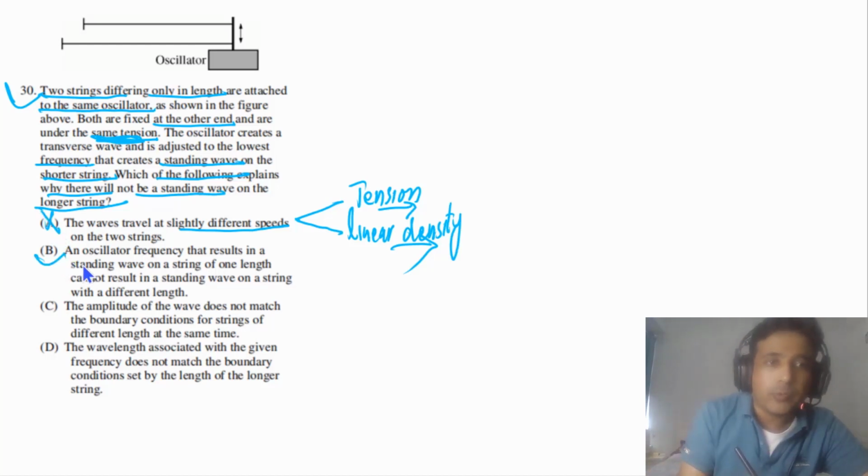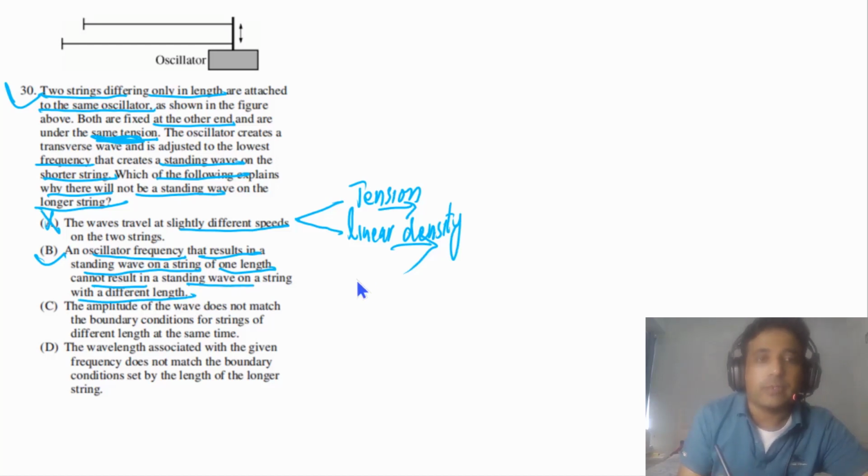Option B, an oscillator frequency that results in a standing wave on a string of one length cannot result in a standing wave on a string with a different length.